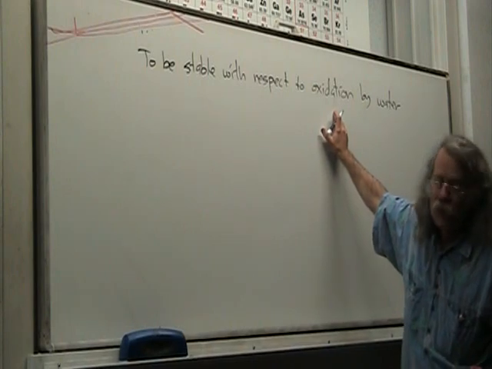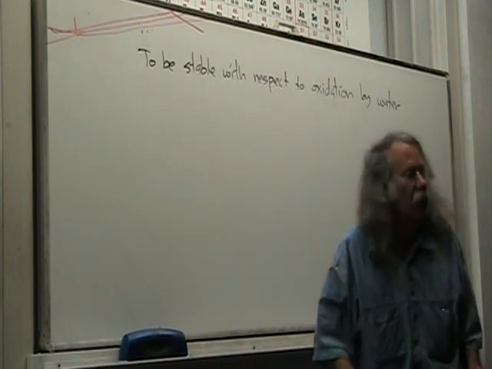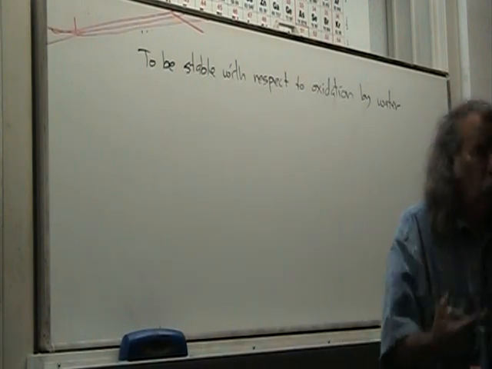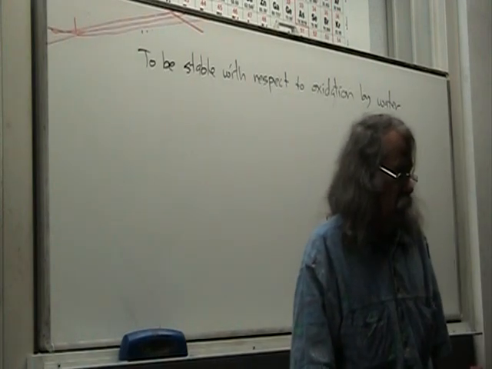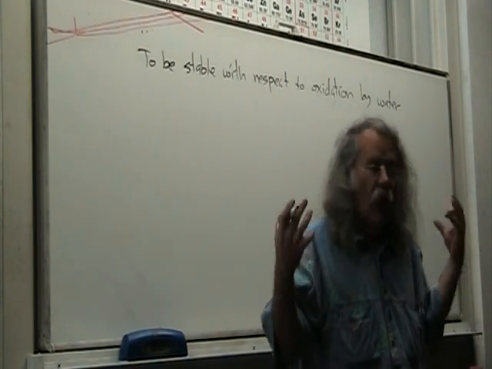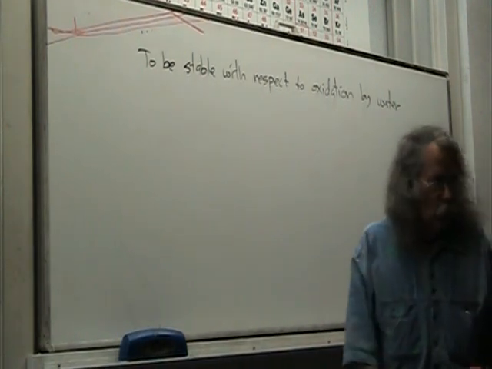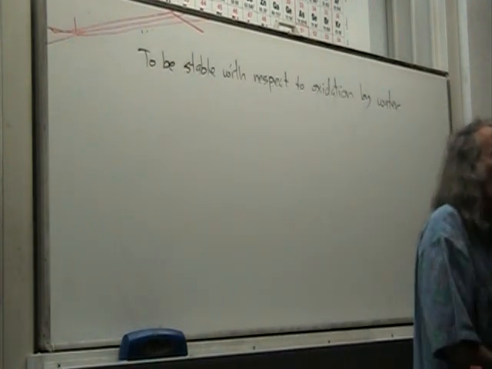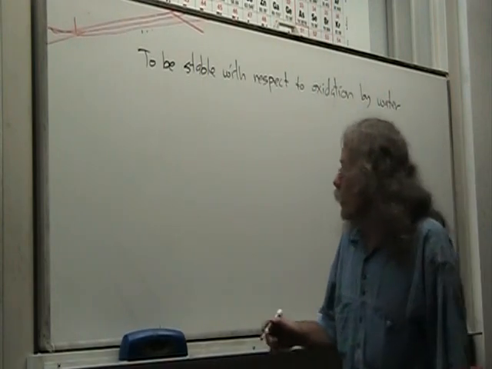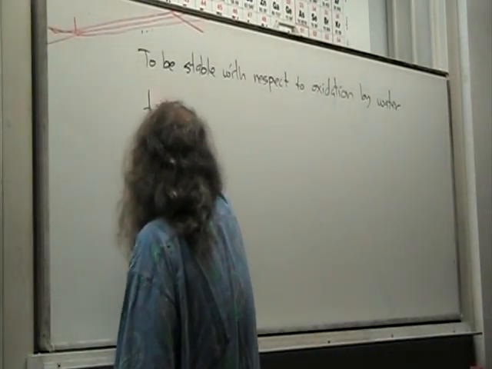In other words, something in what materials will reduce water. Anything that's not stable with respect to being oxidized by water will reduce water when placed in water. Okay, the reduction potential.